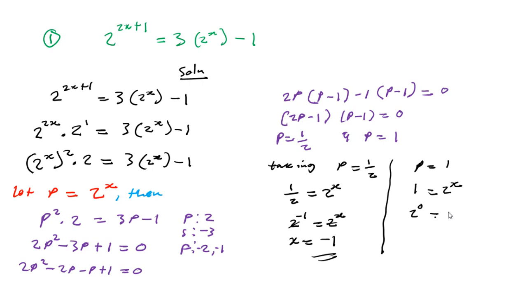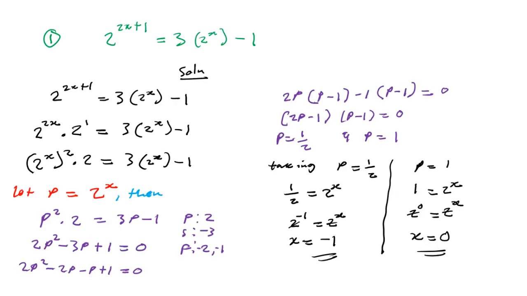So you can say 2 to the power 0 is equal to 2 to the power x. Then the bases can go, so you have x is simply equal to 0. So these are the two values of x which you are supposed to find, whereby we have x is equal to negative 1 and x is equal to 0.